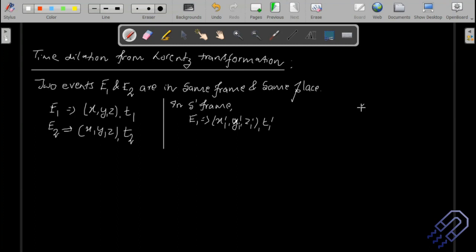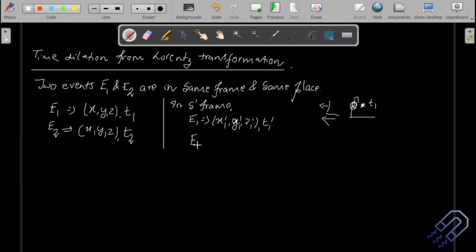If an event is happening here and this is your S frame and this is your moving frame, maybe moving in this direction, then when I see the first event happening at time t1, the frame was here, but when the second event happens, it has already moved to a different position relative to this, because it was the moving frame. So I am observing the second event at a different position.